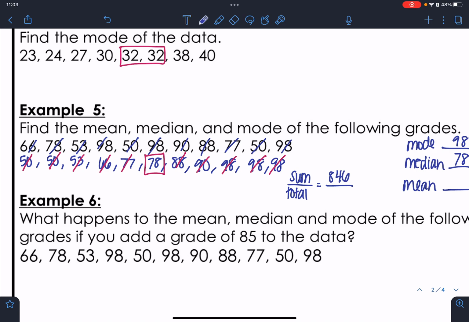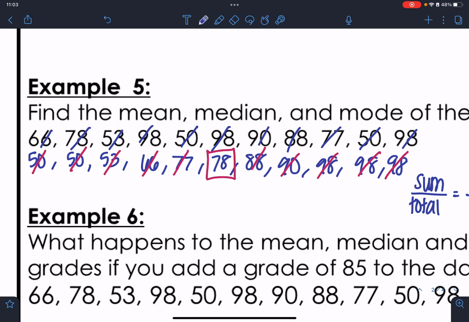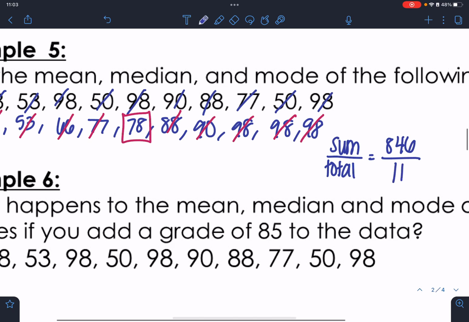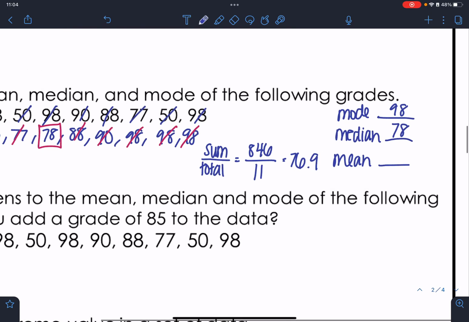I know we can type numbers in, so I'm going kind of fast. 846 is your sum. And how many total numbers do I have in my list? 11. Good. So you'll just have to count that. So there's 11 numbers. Then we can divide 846 by 11 to give us 76.9. Okay? So there's my mean. So that's all we're working on today: mode, median, mean.